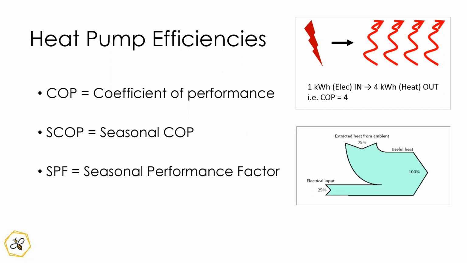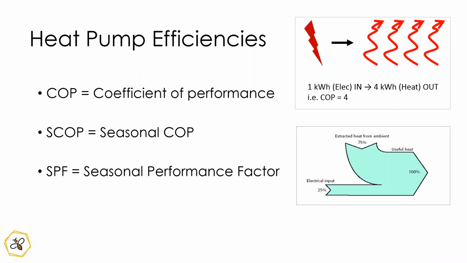Just a couple of diagrams so you can visualize this concept of coefficient of performance. We talked a little bit about this in terms of efficiency. So if you put a kilowatt hour of electricity in, and you get 4 kilowatt hours of heat out, then your COP at that point is 4.